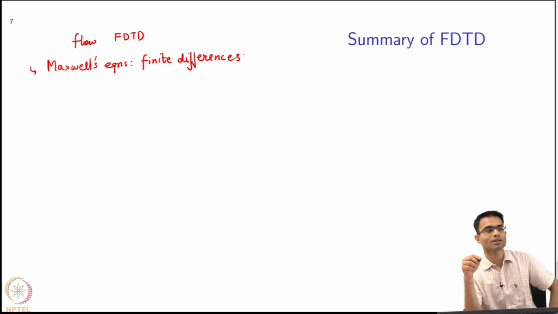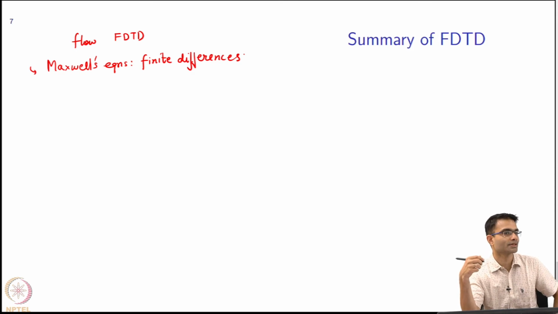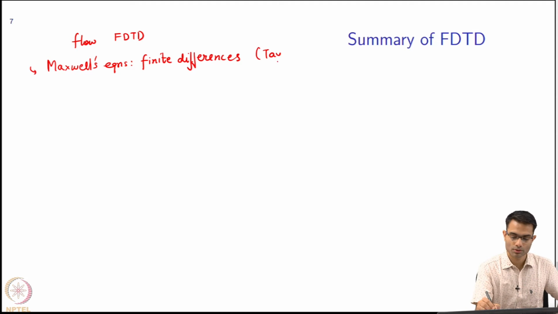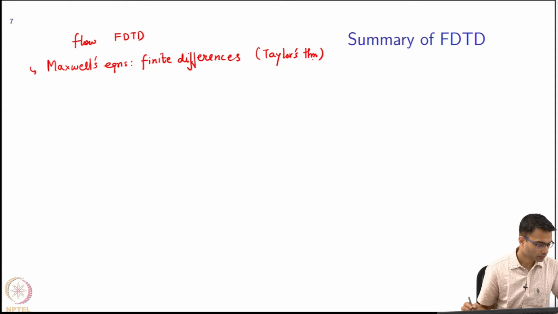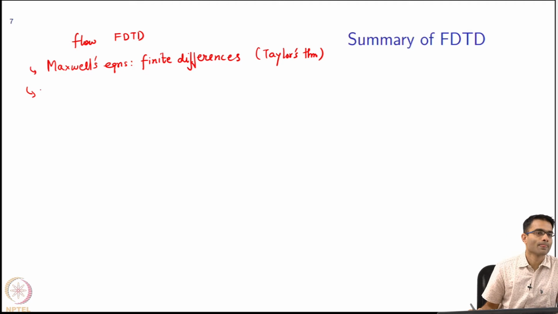What is the key concept for finite differences that we used to get accurate representations of the partial derivatives? Taylor's theorem. Taylor's theorem allowed us to see how to get the lowest error, right. Once we had the finite differences, what did we do?